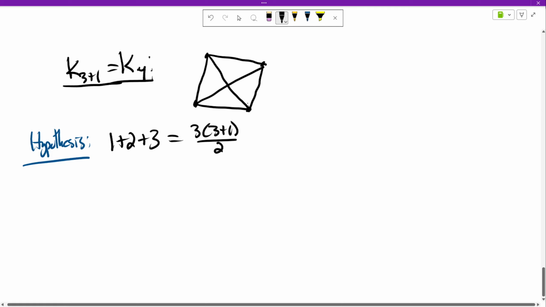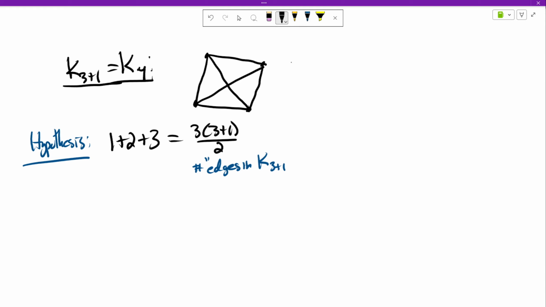Now on the right-hand side, though, I want you to think about this as the number of edges in, well, both of these are that, but in particular, the right-hand side is the number of edges in K3 plus 1. Now, what happens if we add a vertex? How do you go in particular from K4 to K5?